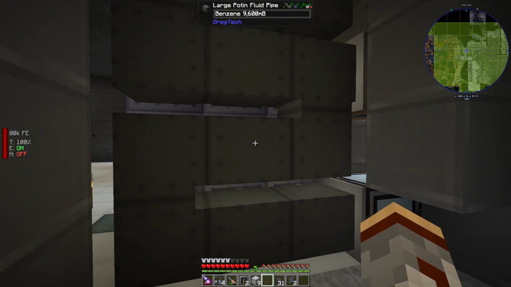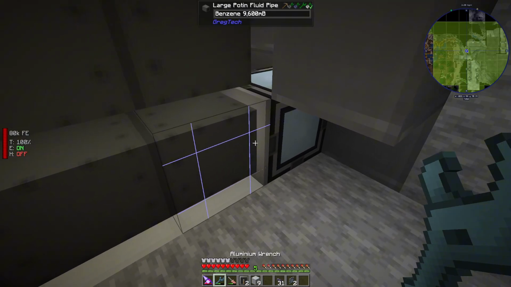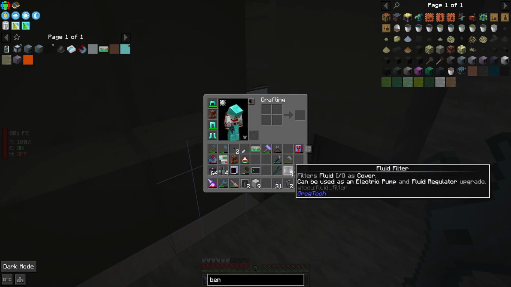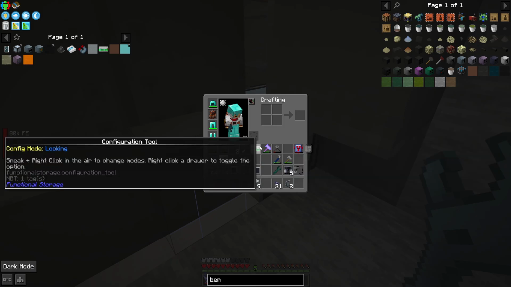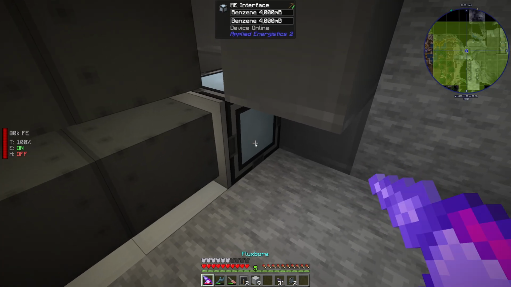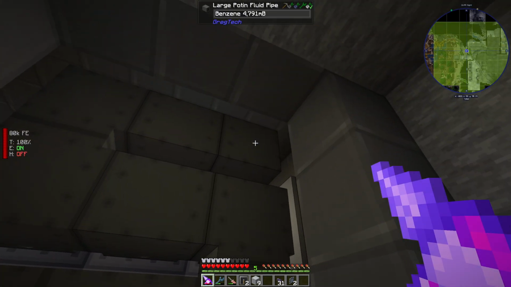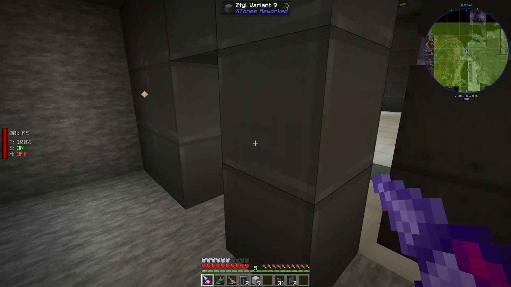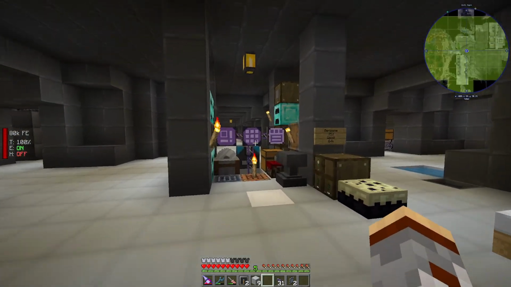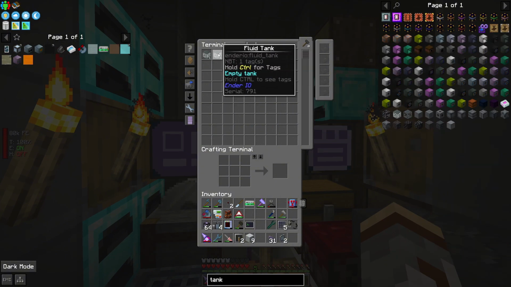But what I'm going to need to do is separate this piping or export. All right, and so that should empty out into the pipes. And then let me go ahead and get a tank of nitrobenzene.